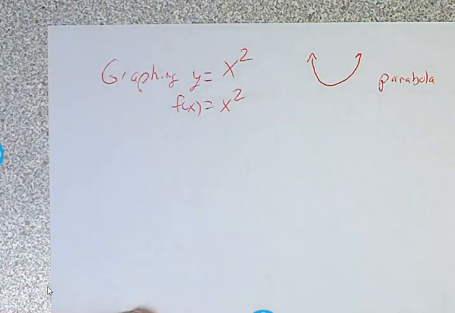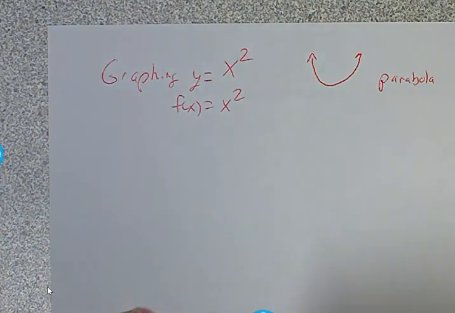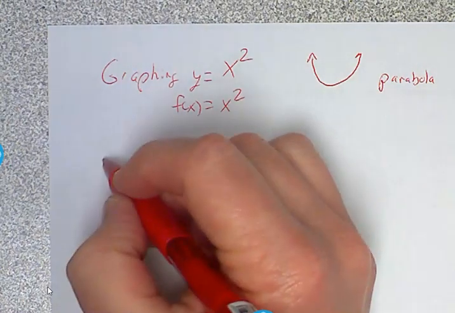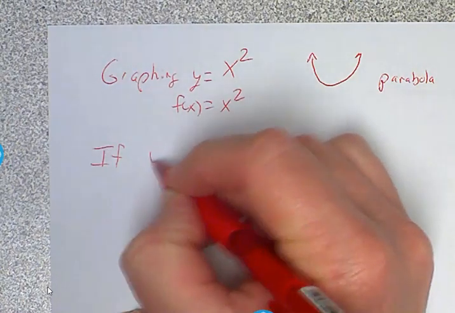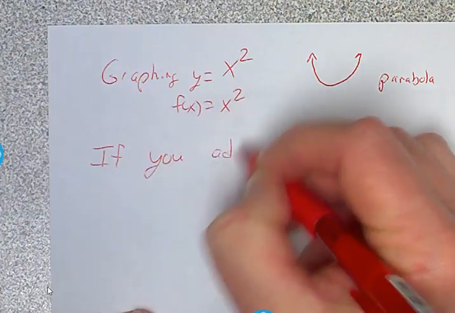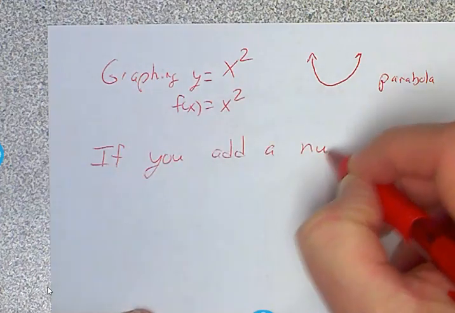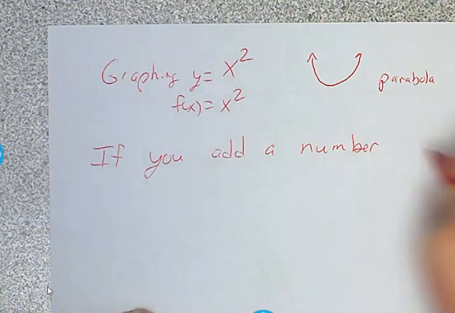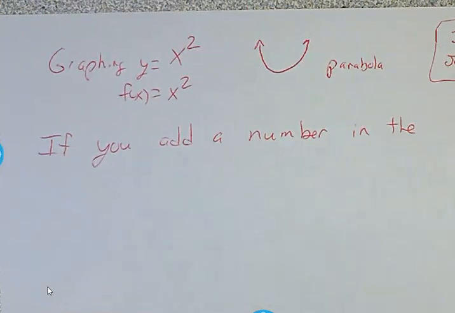Now, the big difference is with absolute value for these, we always had the absolute value symbols. For this one, we're going to use parentheses. So when we're seeing these, the biggest difference is that we're not going to have absolute values. We're going to have a number that's going to be in the parentheses.